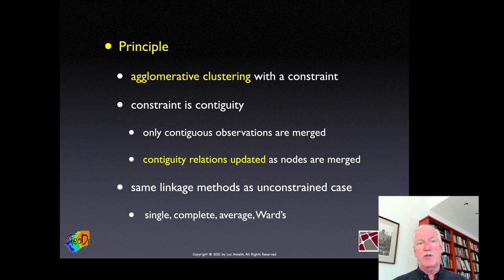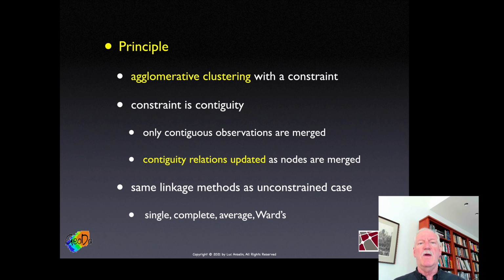When we merge two observations as we climb up in the tree, in the dendrogram, we can only merge entities that are contiguous. And as we do this, the contiguity relations have to be updated because, let's say, A and B are merged together and B is contiguous to C, but A is not, then this has to be updated in the spatial weights matrix.